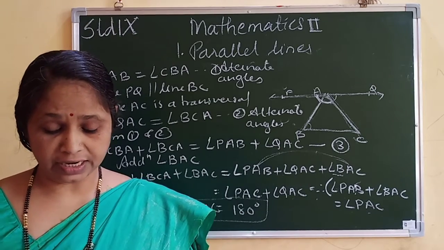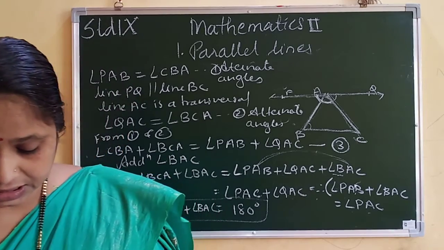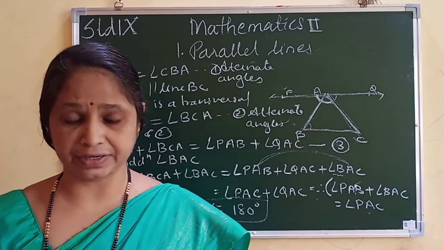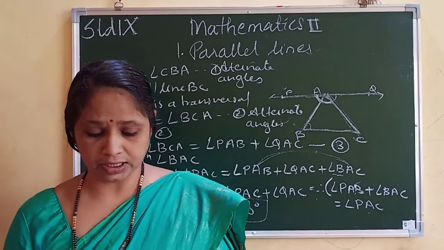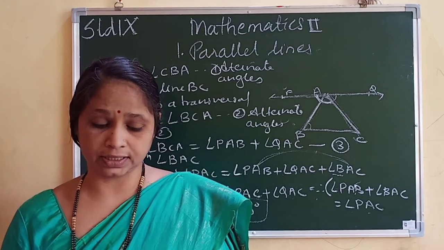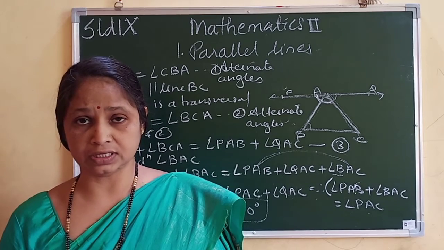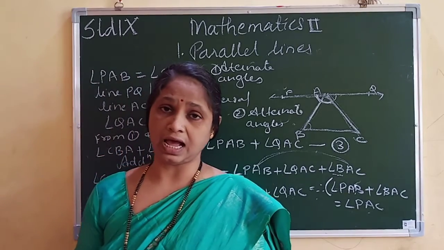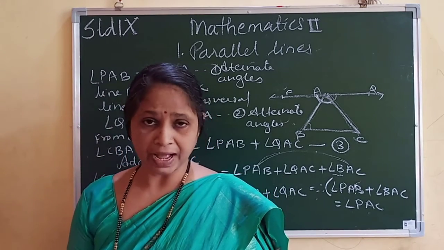So the first one: if the interior angles on the same side of the transversal are supplementary, then the lines are parallel.